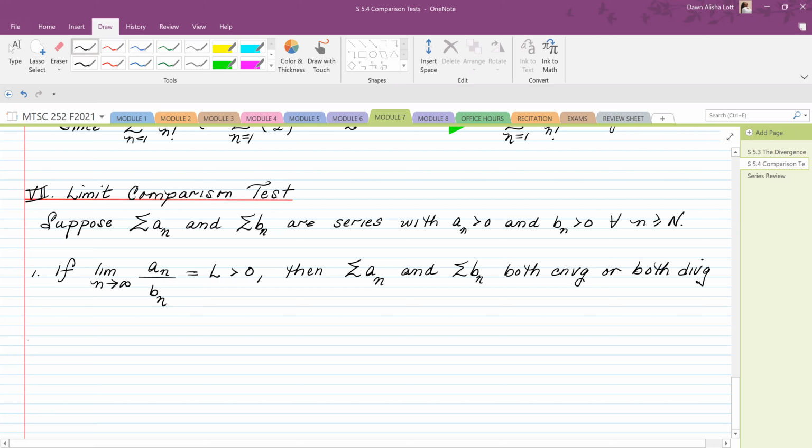Okay, number 2, if the limit as n approaches infinity of AN over BN is equal to 0 and the summation BN converges, then summation AN converges.